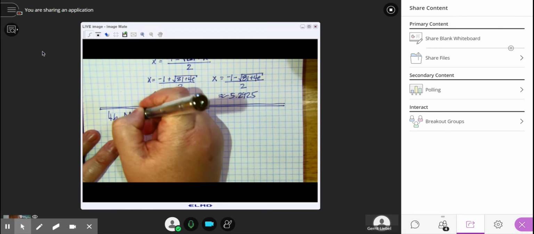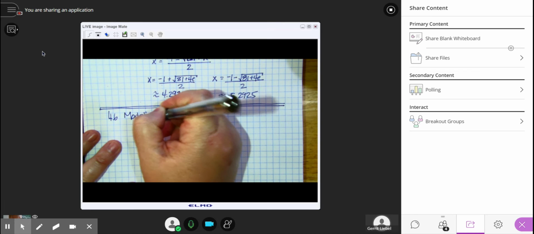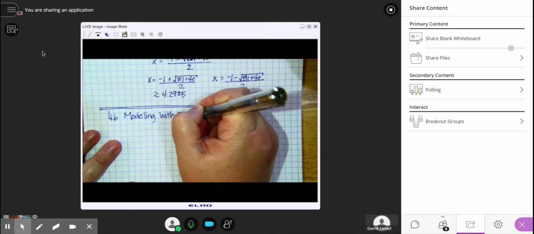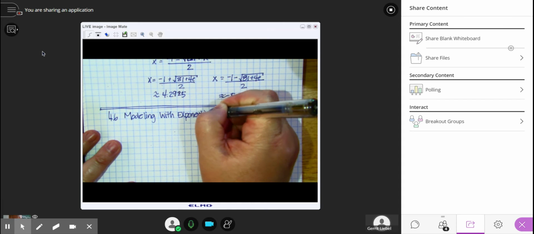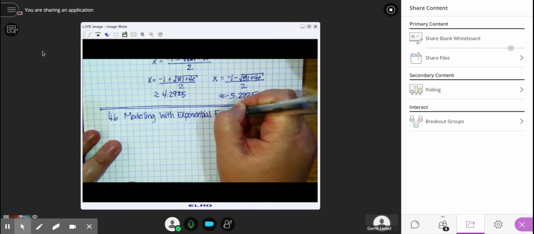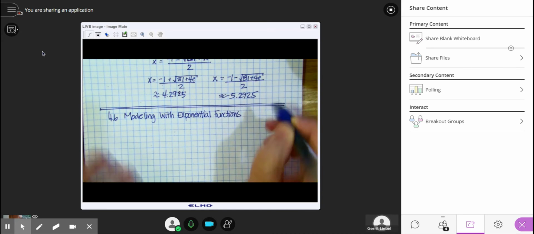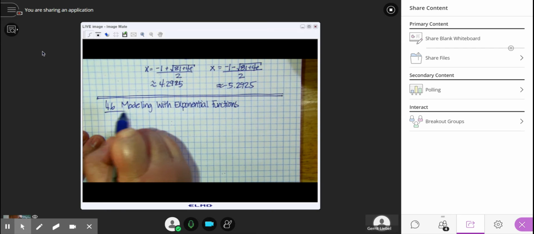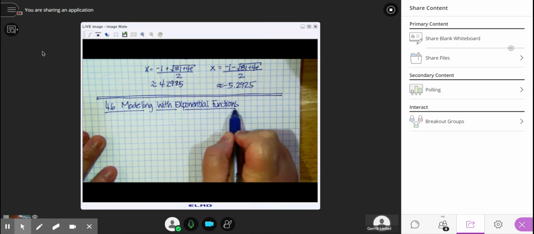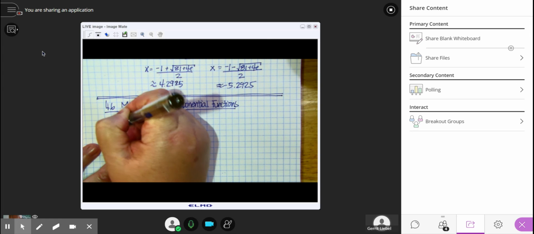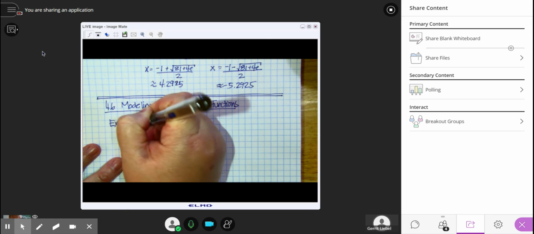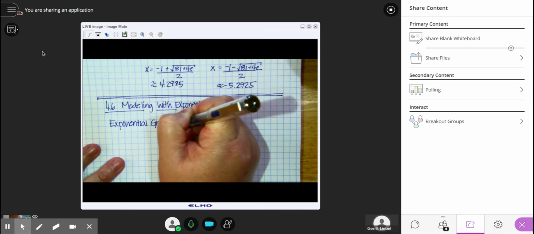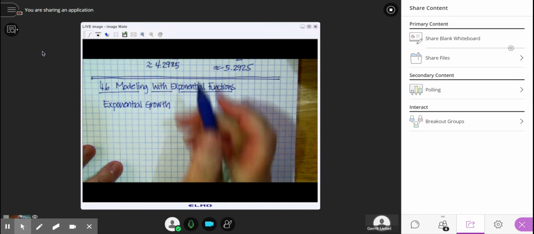Okay, sorry. So today we're going to take a look at some exponential growth functions. And there are two base functions that we want to use.